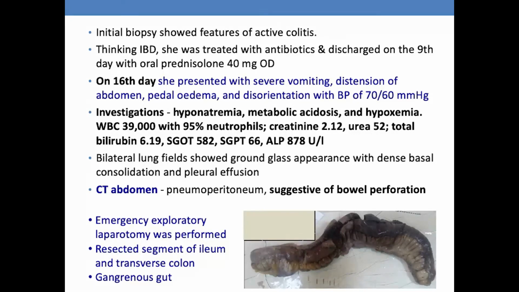Bilateral lung fields showed ground glass appearance with dense basal consolidation and pleural effusion. CT abdomen showed possible perforation because there is pneumoperitoneum, suggestive of bowel perforation. Emergency laparotomy was performed and a segment of the ileum was resected, and you can see this is completely a gangrenous gut.